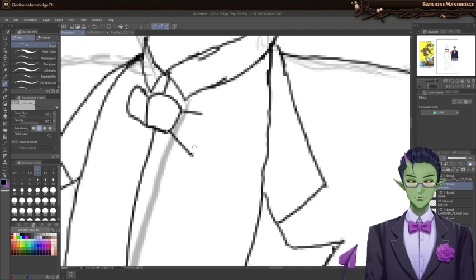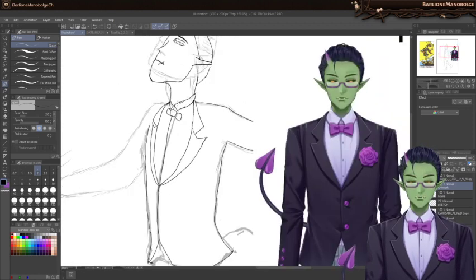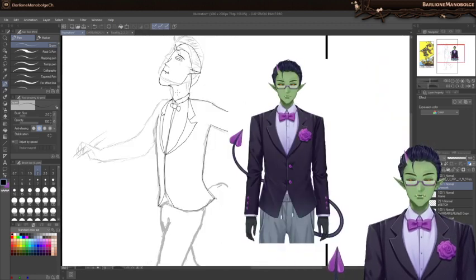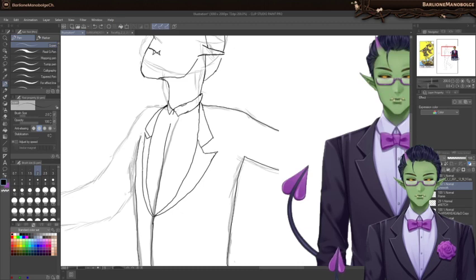I'm wondering at this point whether or not I should color these. I was originally planning on it, but I don't know if that's going to be slightly too much work. Okay, no, the size is all wrong. Bow ties are very difficult to draw.